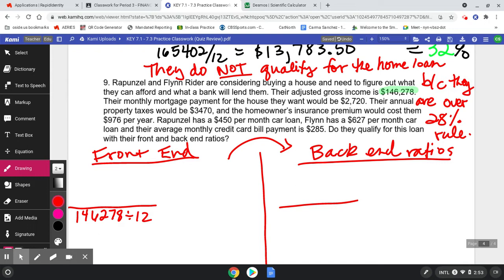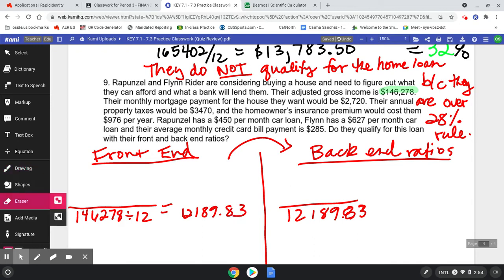I'm getting $12,189.83. Always do it one more time just to be safe. 146,278 divided by 12. 12,189.83. Okay, great. So this is my denominator. I wanted that gross monthly income.